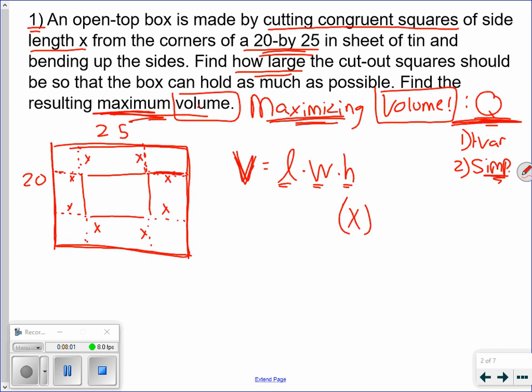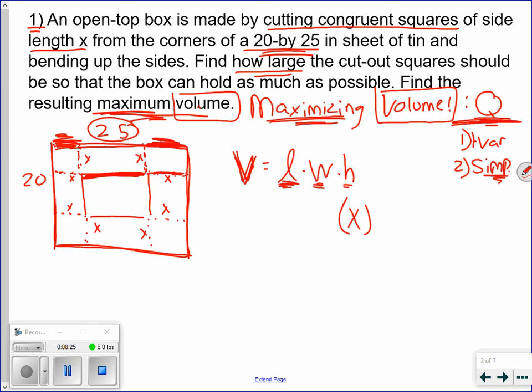Okay. Now, is there some way that I can rewrite length and width also in terms of x? Well, think about this length right here. This length is going to be 25 subtract 2 values of x. Wouldn't you agree that the length is just the entire sheet subtract 2 values of x?